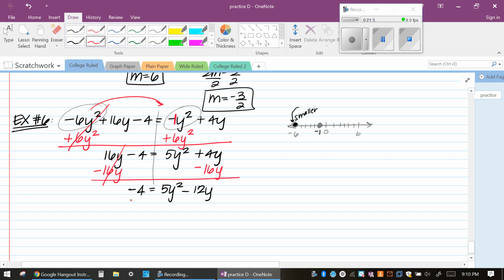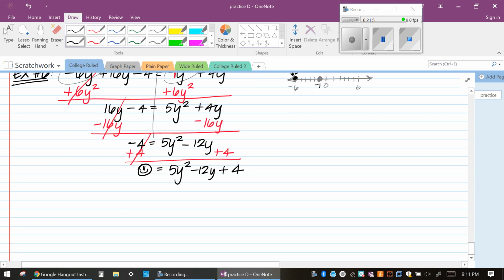Okay, negative 4 will turn into 0 if I add 4, which is great because when you're solving by factoring, you want all your terms on one side. Notice that the 4 does not have a variable, so it cannot combine with anything that was already there.